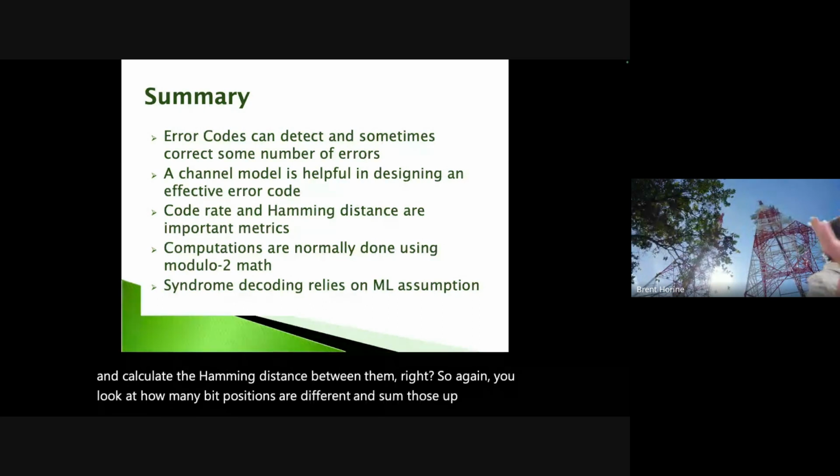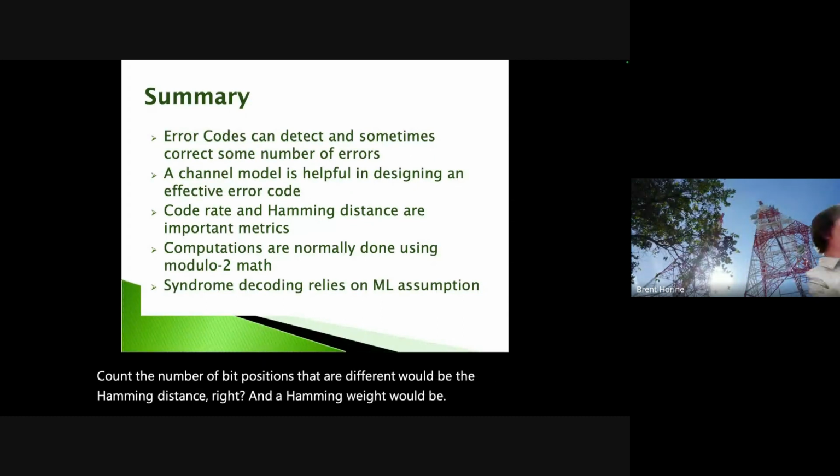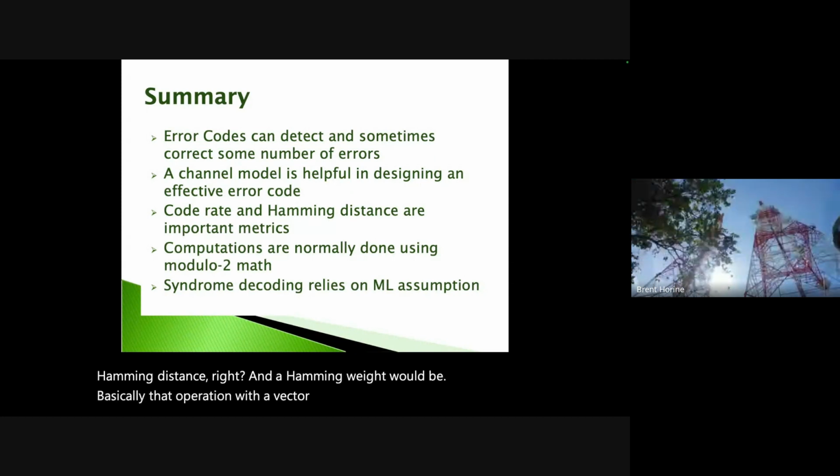Count the number of bit positions that are different, that would be the Hamming distance, right? And a Hamming weight would be basically that operation with a vector against the 0 code word vector, or simply counting the number of 1s in a vector, right? So these are all important metrics in developing a code.